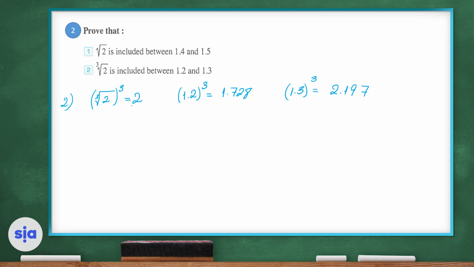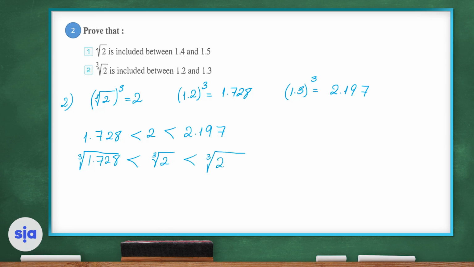2.197. If we write the inequality, 1.728 is less than 2, and the 2 is less than 2.197. If I take the cubic root of the three of them, it will be cubic root of 2, and here it's cubic root of 2.197.